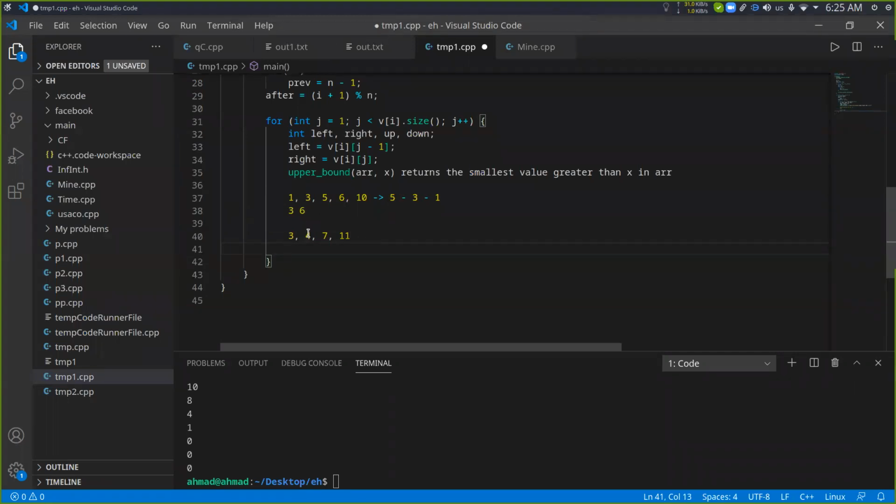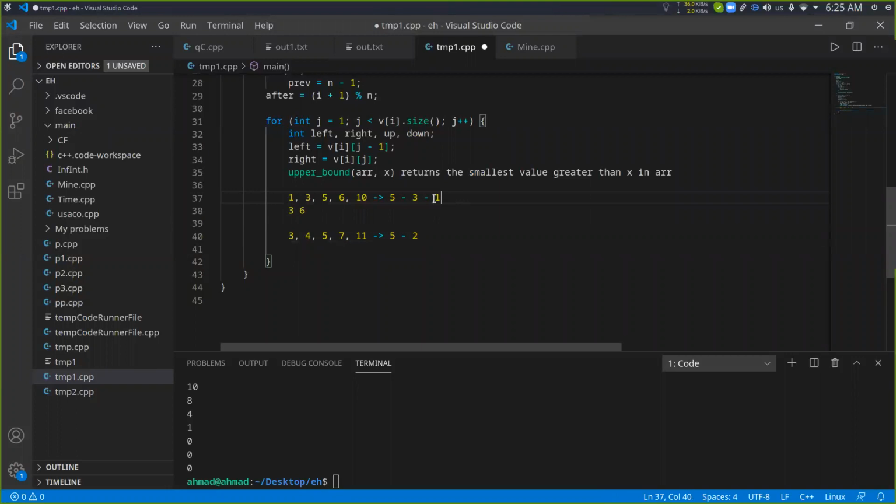So for 3 and 6, we'll get 11, which is index 5, and we'll get 4, which is index 2.